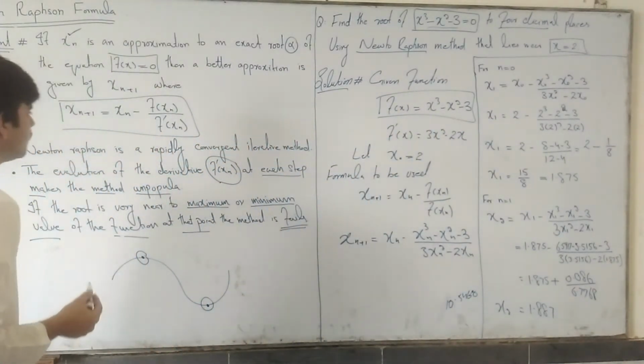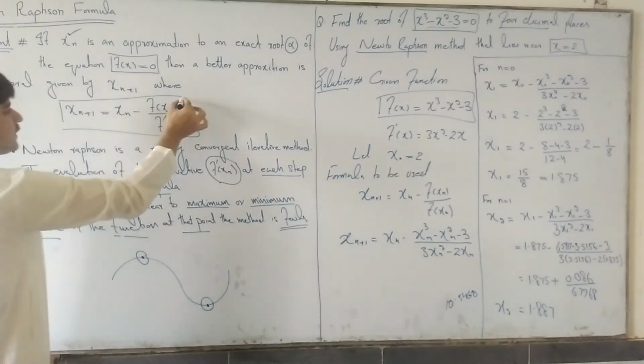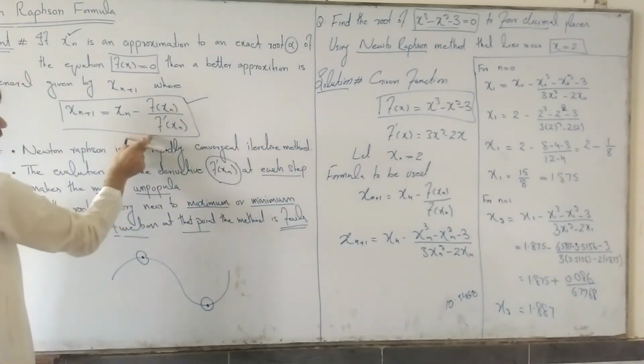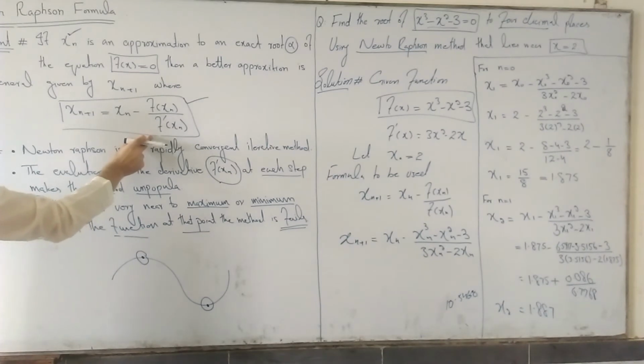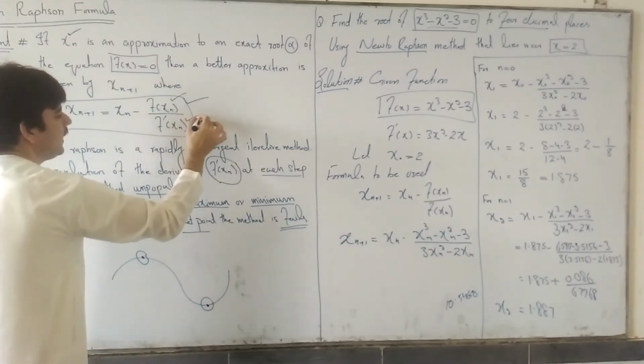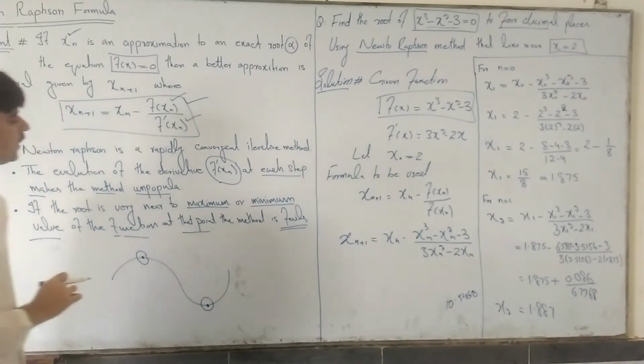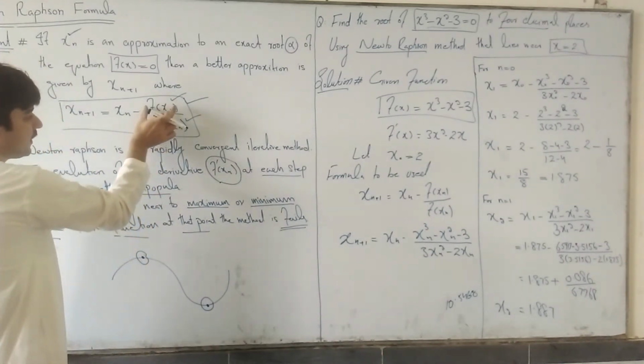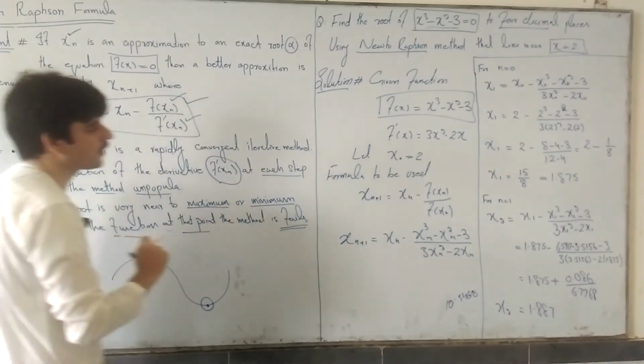If we look at the formula of Newton-Raphson method, here we need two types of function, f of xn and f prime of xn. This means that first of all we differentiate the given function.